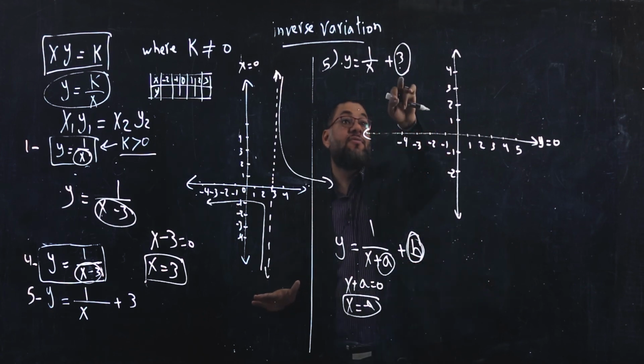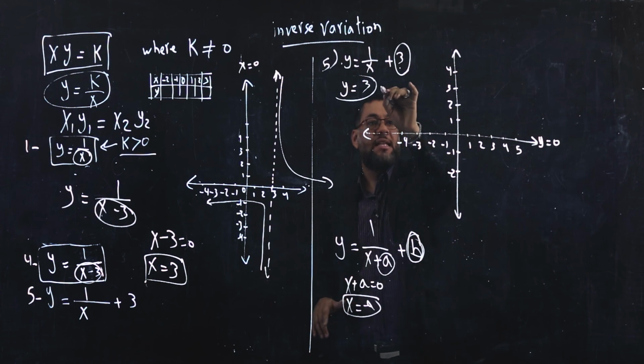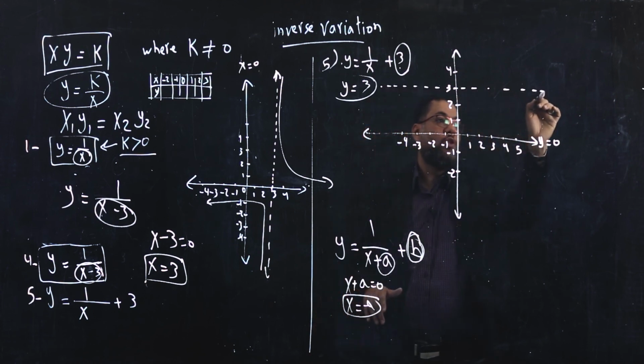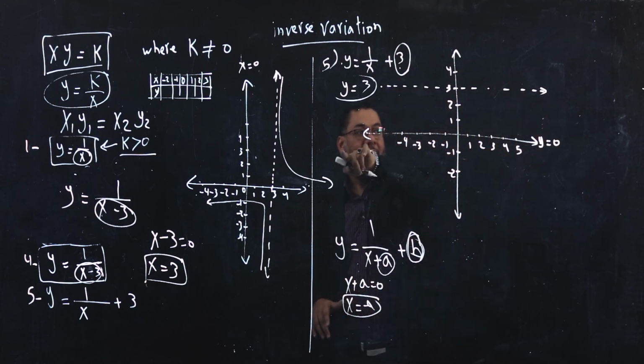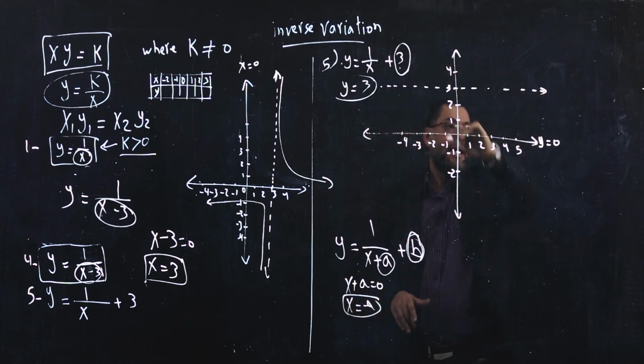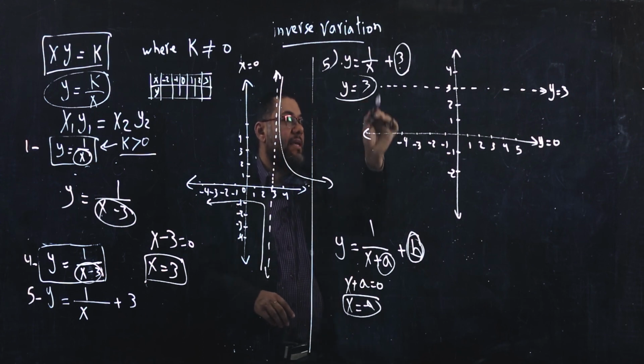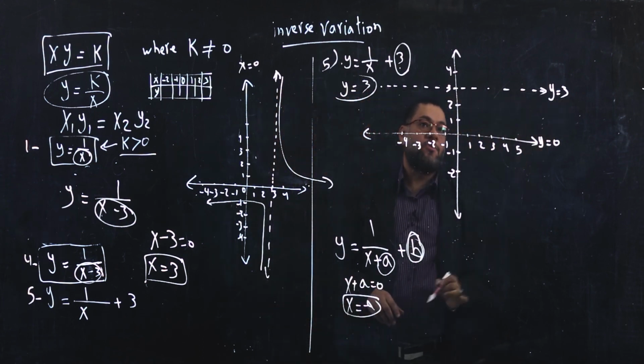It's not 0, it's 3. So where is y equals 3? It's a straight line parallel to the x-axis that intersects the y-axis at 3. So I can draw it like this. This is y equals 3, a horizontal asymptote.